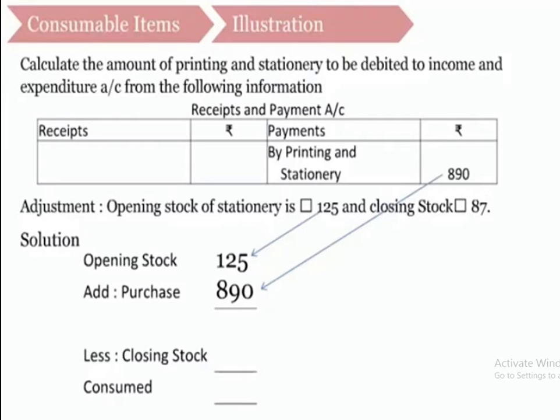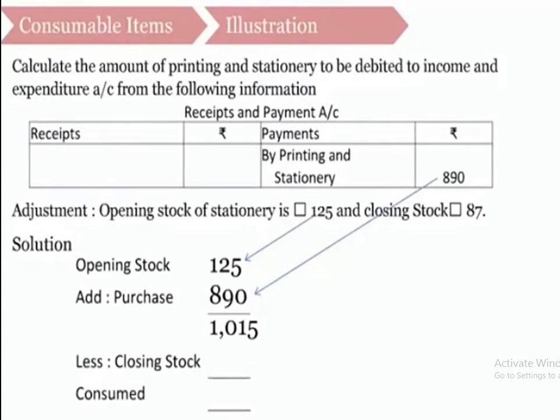We made payment, that means we purchased stationery for 890 rupees. So the total now goes to 125 plus 890, so the answer is 1015.